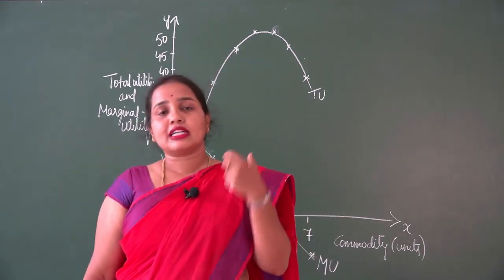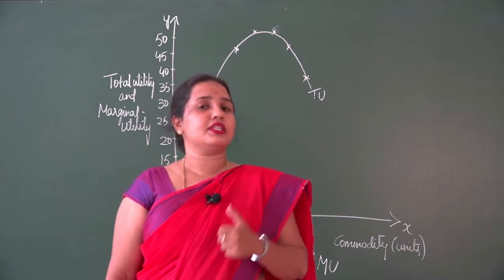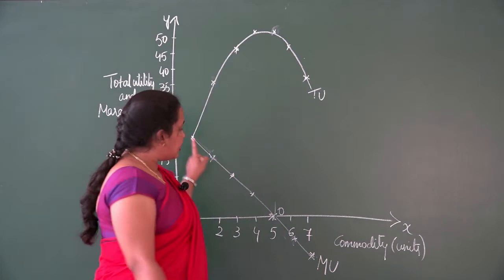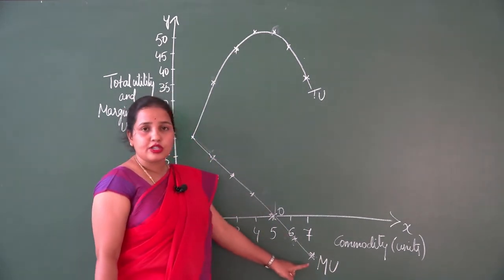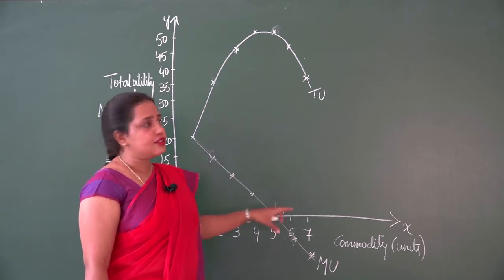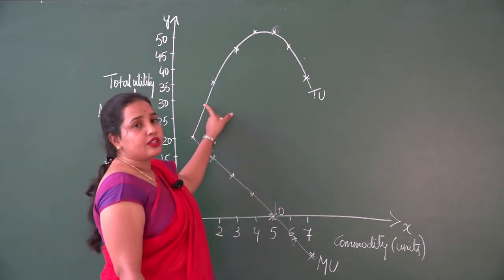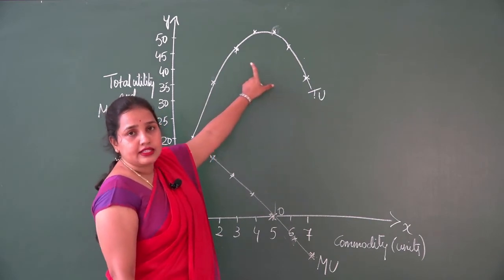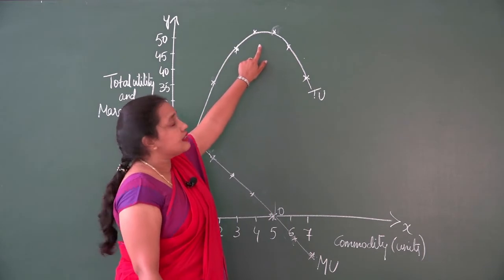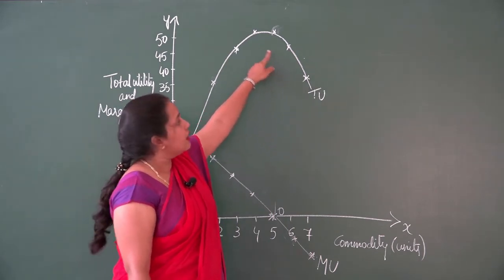When you have a closer look at this particular diagram, you can notice that the marginal utility curve is downward sloping. It is constantly falling with every additional unit of commodity consumed, and the total utility will be rising. Initially it will be rising. At a certain level, it takes a downward slope.